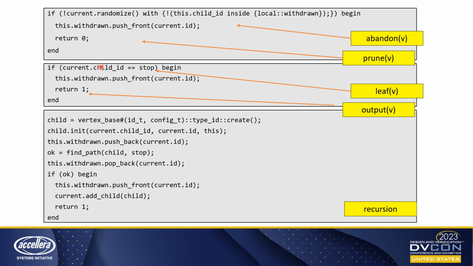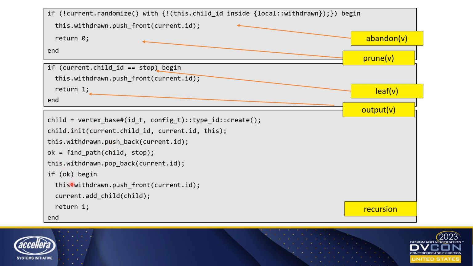If it's a leaf cell, we will add the current vertex to the withdrawn queue, but now for a different reason. It's simply because we have actually reached a leaf cell, we have succeeded and generated a complete branch that will commit to our tree generation. And hence, the current vertex should not be part of any further branches. And we return true.